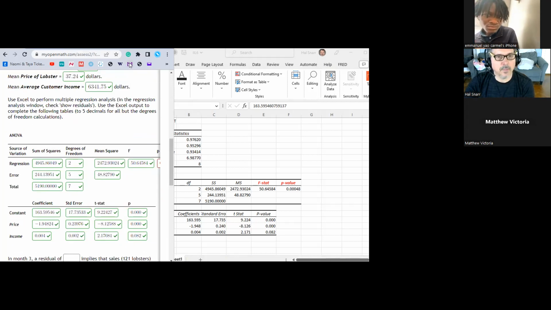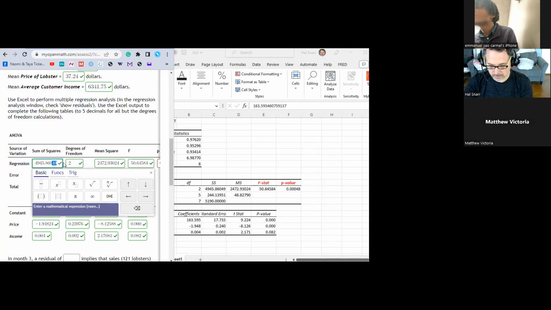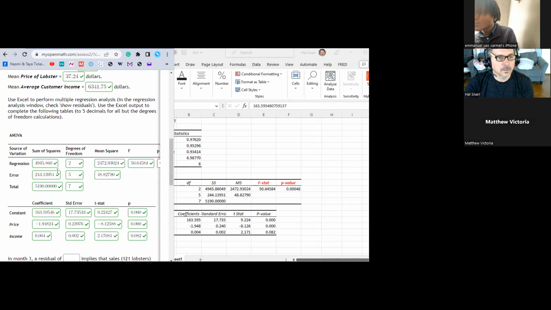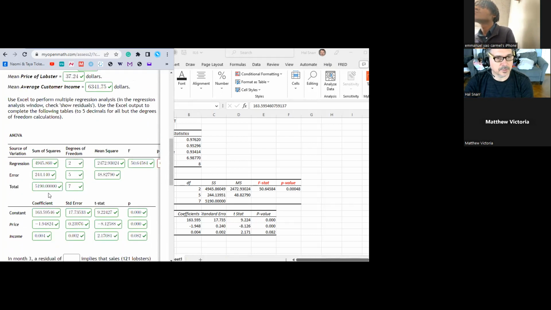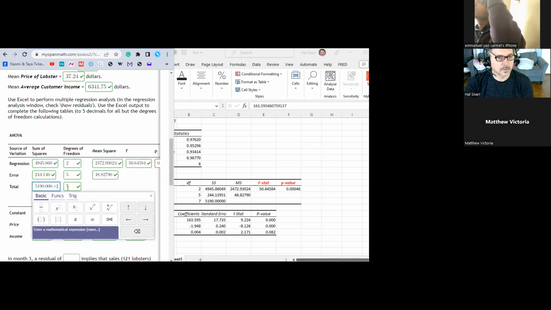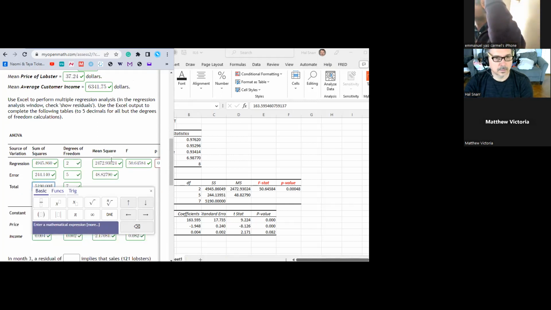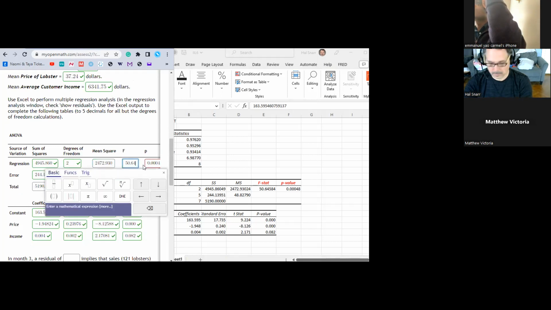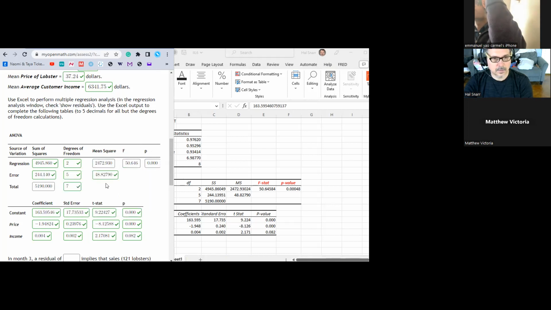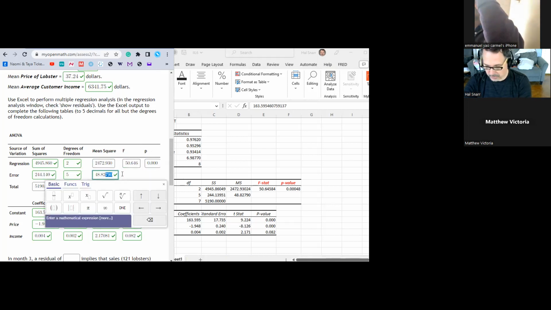Let me go up and modify. I'm going to put it on pause real quick. I'm going to modify the instructions. Let me check to see if this works. Yeah, I guess I changed it to 3 decimal places because there's too many.